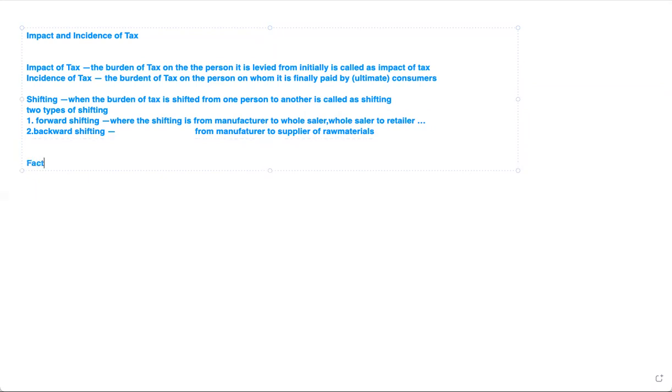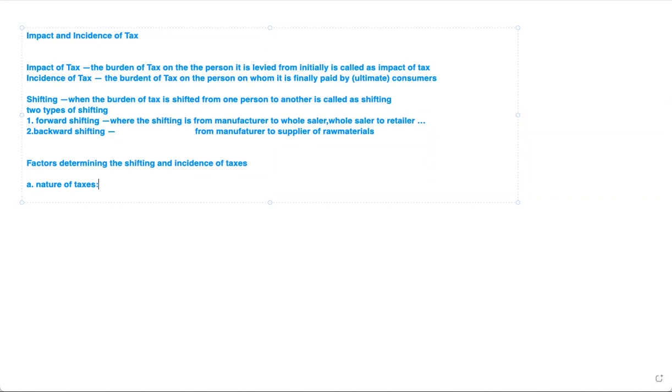Factors determining shifting and incidence of tax. Okay. A, nature of taxes. मतलब ये सारी जो process है, like बोझा जो भी है, incidence of tax if it is felt, and then shifting of taxes, all these things depend on what?